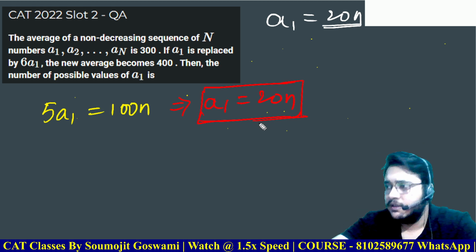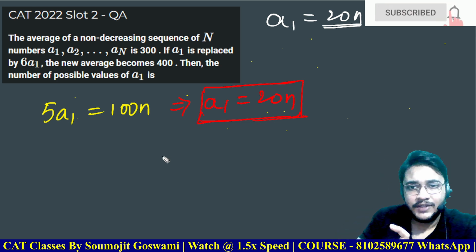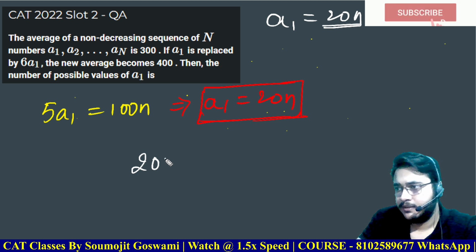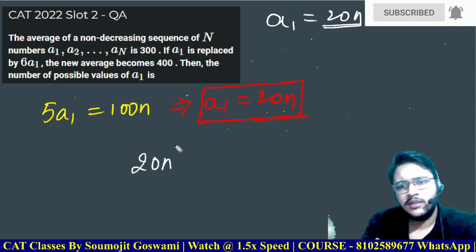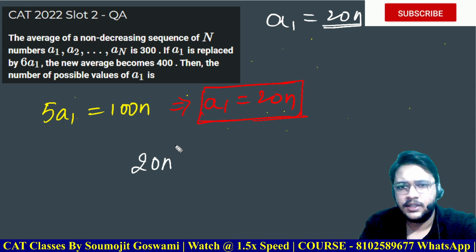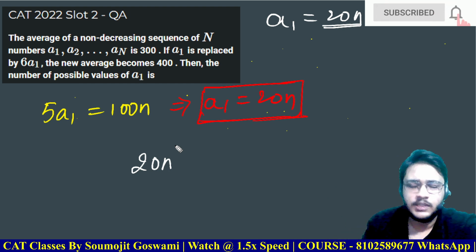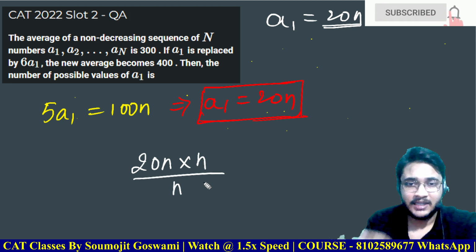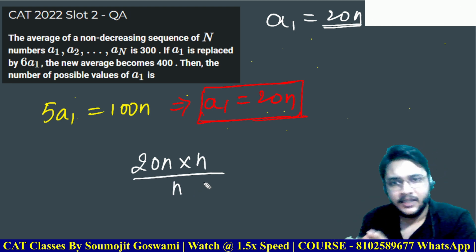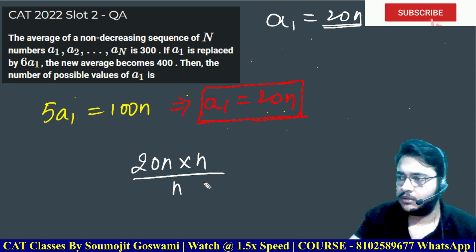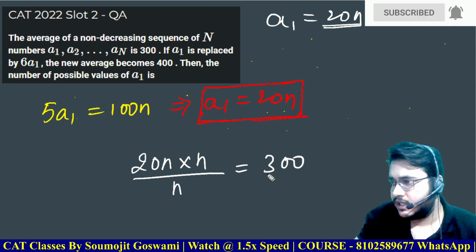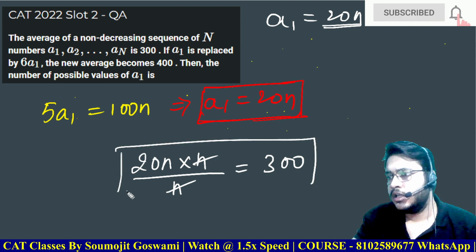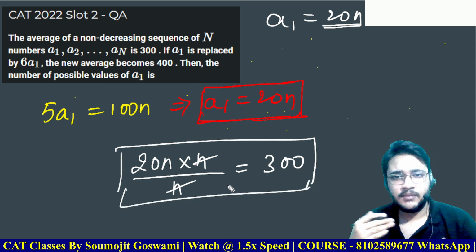Now if that is the case, suppose the value of the first one is 20n and all other terms are only 20n itself, because I want the average to be 300. So 20n times n by n, because multiplying by n terms, dividing by n terms, is equal to 300, which in turn 20n is equal to 300. So this is basically what I am getting at.